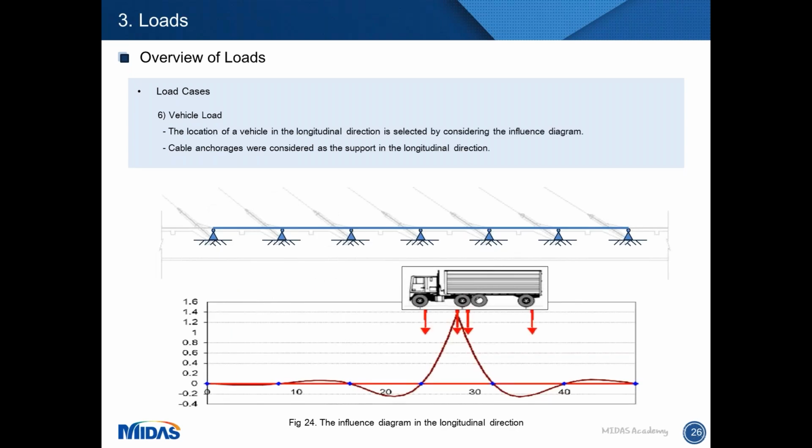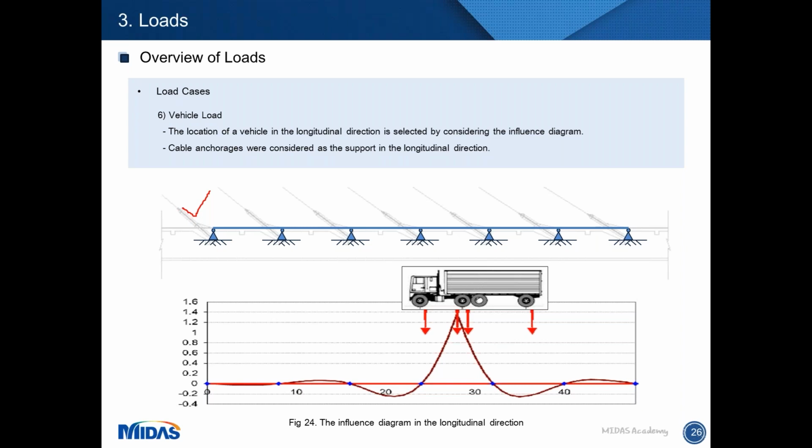After selecting the vehicle load type, I figured out the location of the vehicle. In the longitudinal direction, I supposed cable anchorages as supports. So the girder structure can be considered like this continuous beam.